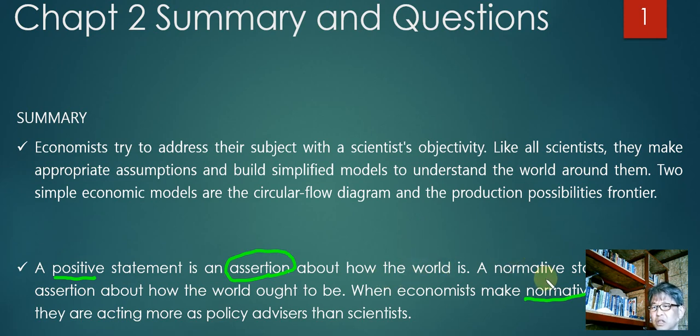And the normative is on the basis of a positive, okay? The normative is on the basis of a positive plus the value of the economist. Value means their ideology, the value of a society, the value of something, and his philosophy.